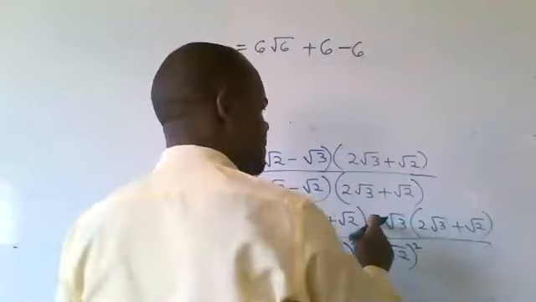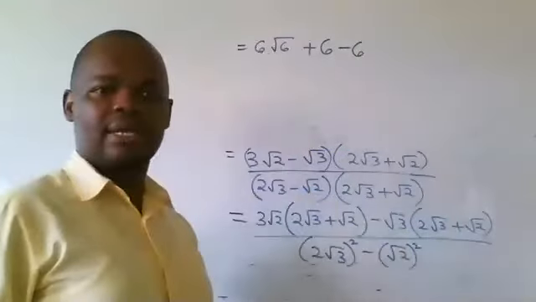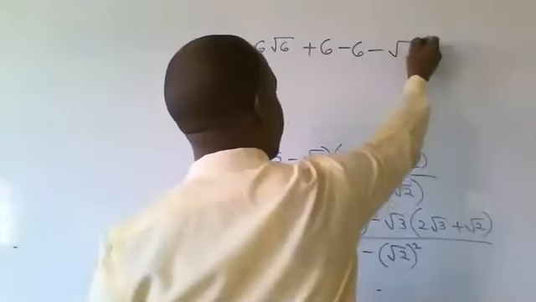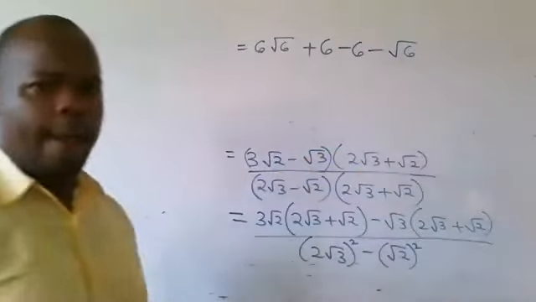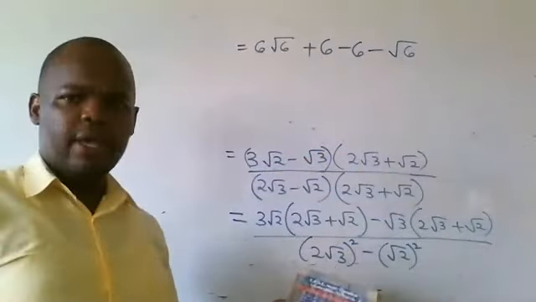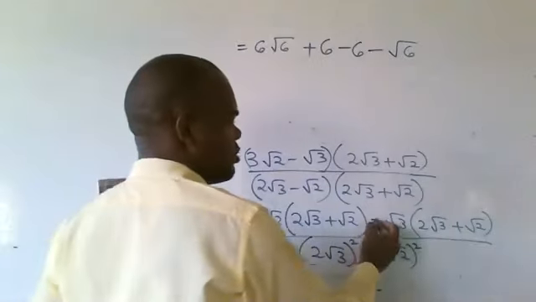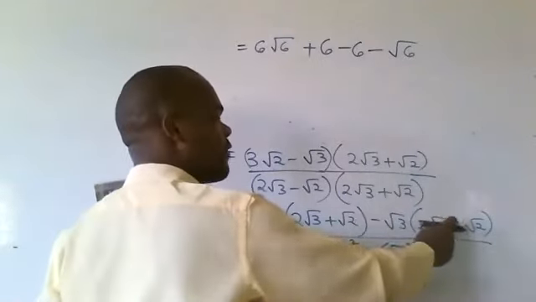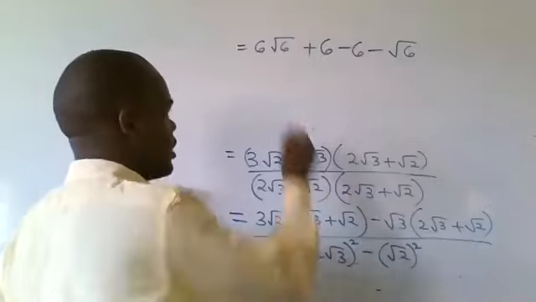And then minus and plus is minus. And then this is square root of 6. So be very keen there because some students will write plus here. But because there is a minus, it will affect what is inside the bracket.